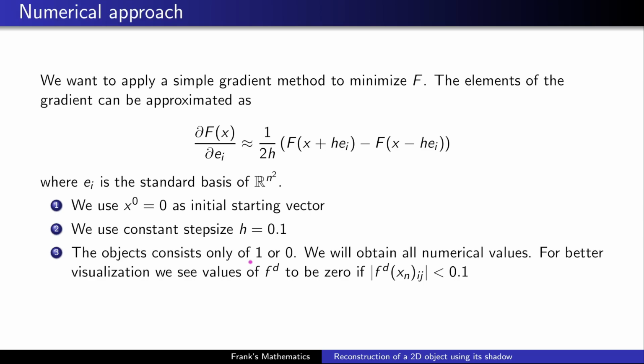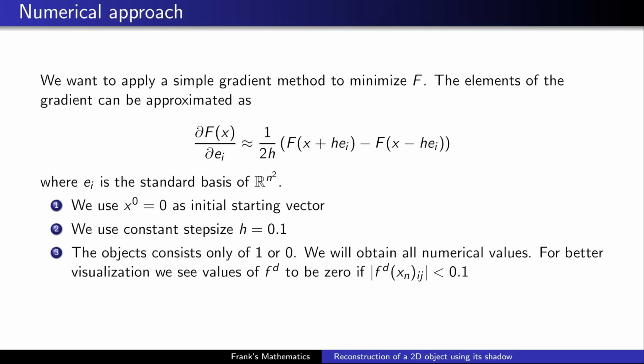So we set the values of f_d to be 0 if its absolute value is below 0.1, just for visualization. This will make it easier to visualize things and see that our algorithm is actually working. You will see this in a moment.